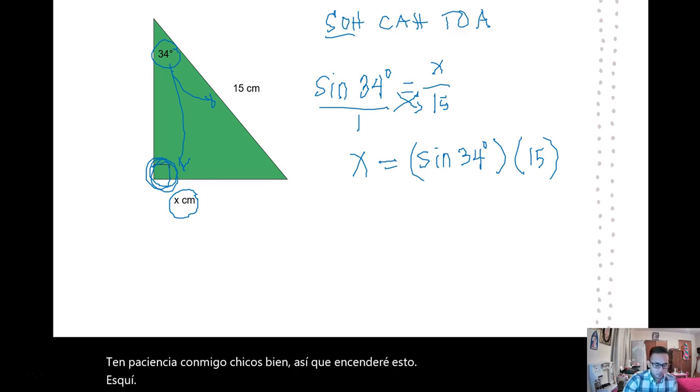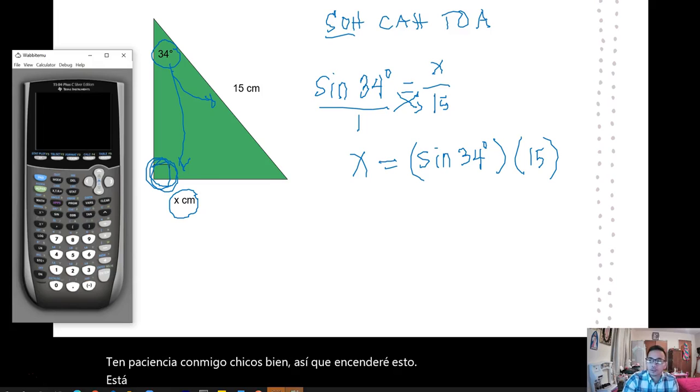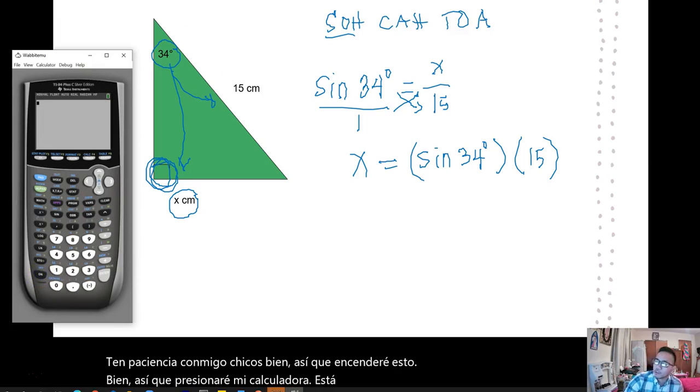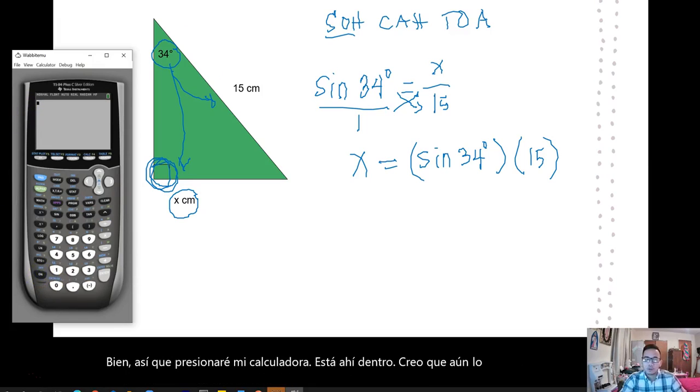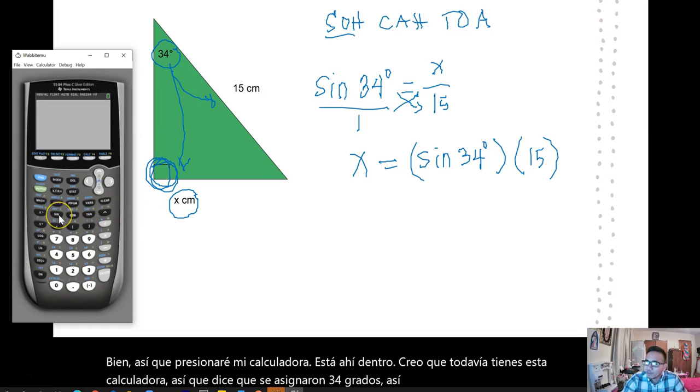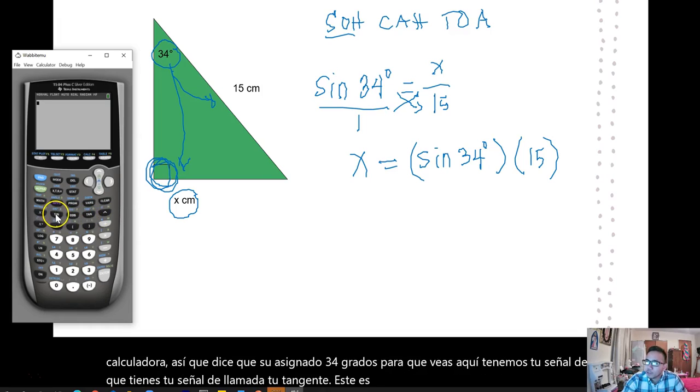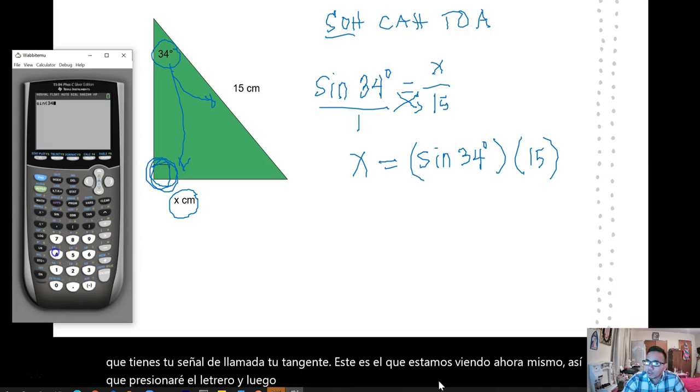Okay, so I'll press my calculator. I think you still have this calculator. So it says there sine 34 degrees. You will see here we have your sine, your cosine, your tangent. This is the one that we are looking at right now. So I'll press sine and then put there 34.